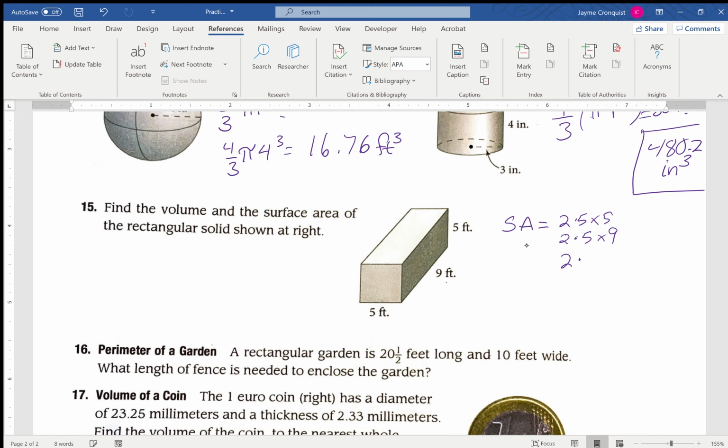Those are 25, 45, and 45 before they double. Double, they become 50, 90, and 90. 180 and 50 is 330.